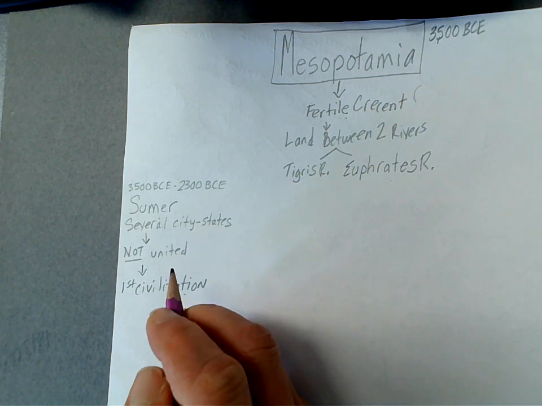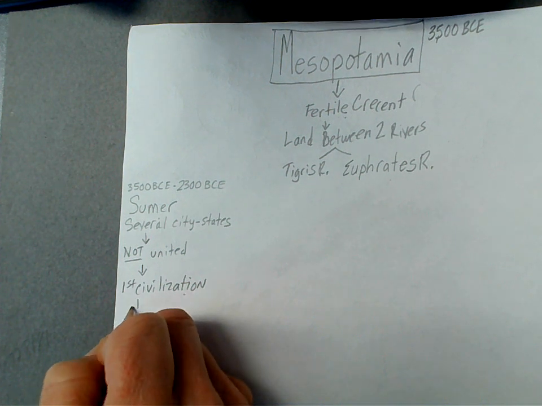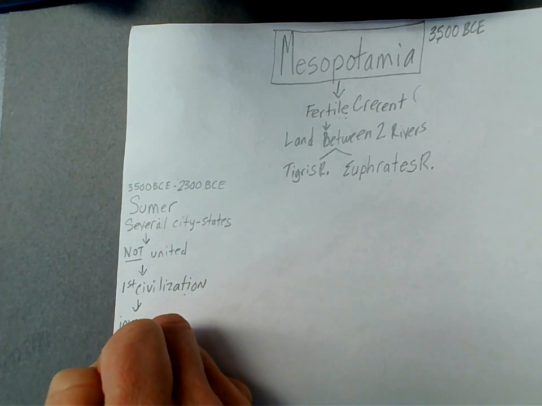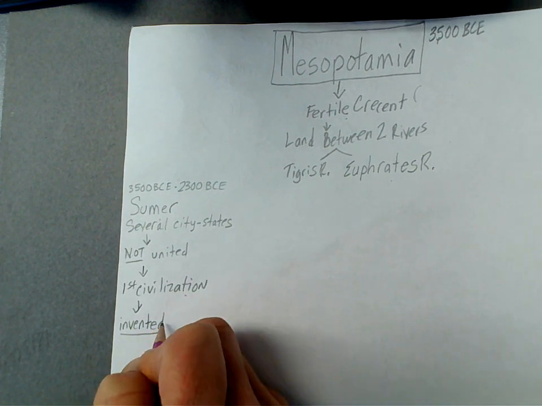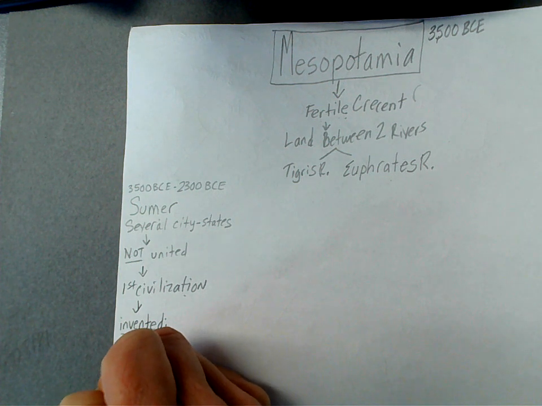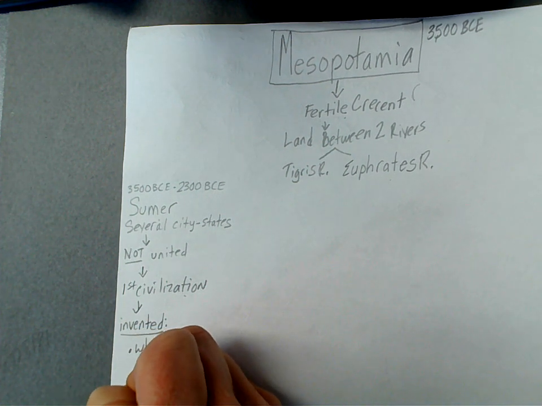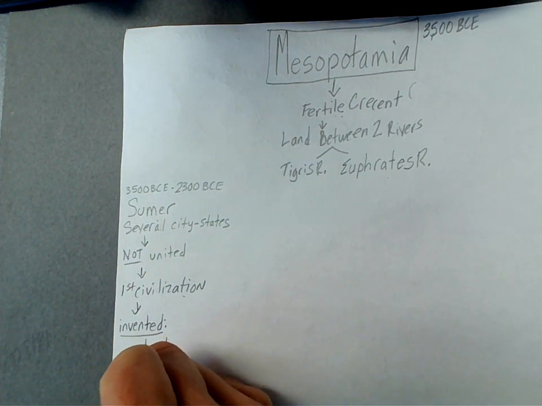And then we know that the Sumerian people invented several things. So what did they invent? We listened to this on Hip Hughes, and we read about it in the book. But let's just list them again. The wheel, pretty big deal. Writing.